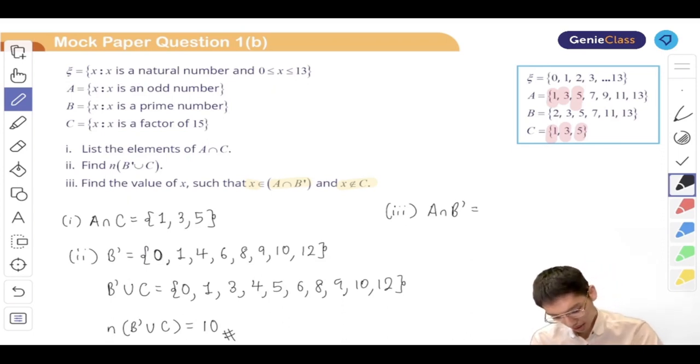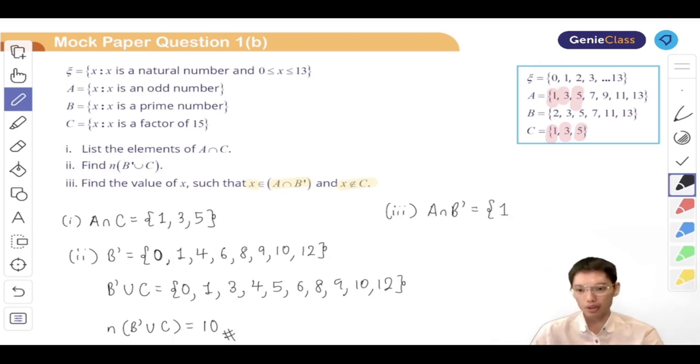Once again, thank you for contributing. Realize it's one. What about the rest? There's actually just one more element that is important, one more element that is in A and B prime.